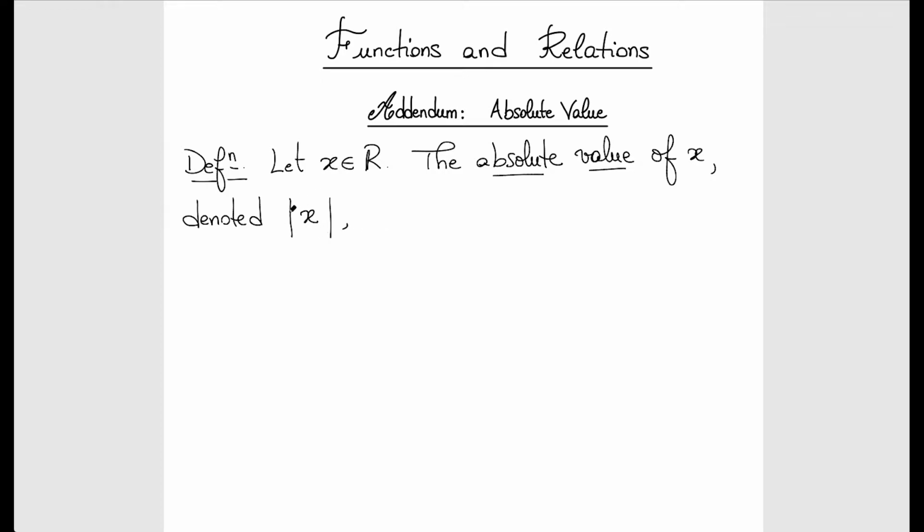Well, probably the way you've seen it before is that it's the distance separating x, the value x, from the origin on the number line, right? So if this is the number line and that's 0, wherever x is, if it's here, then we are talking about this as being the distance, correct?